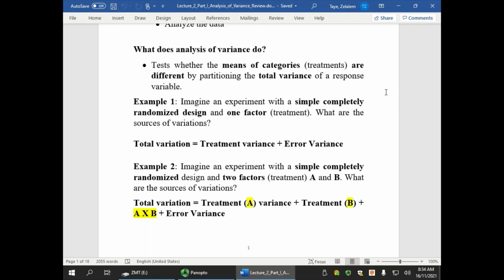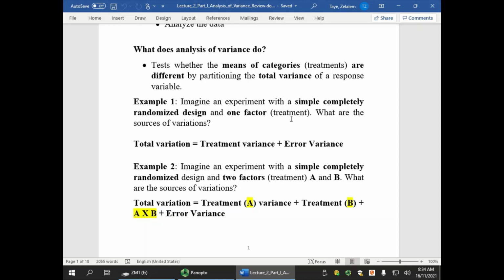So let's imagine you are doing an experiment, and the design is a simple, completely randomized design with one factor. Based on this experimental design and your treatment, what are the sources of variation for this setup? The sources of variation come from your treatment, that means one factor.